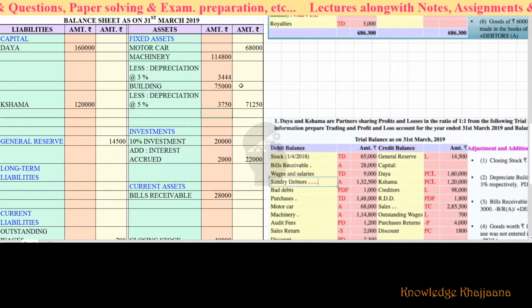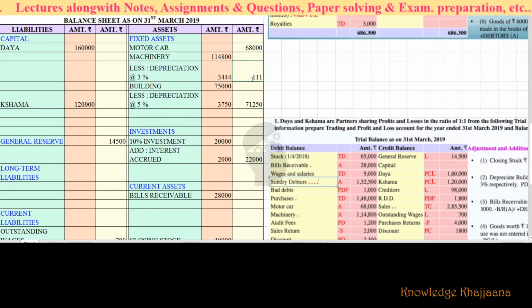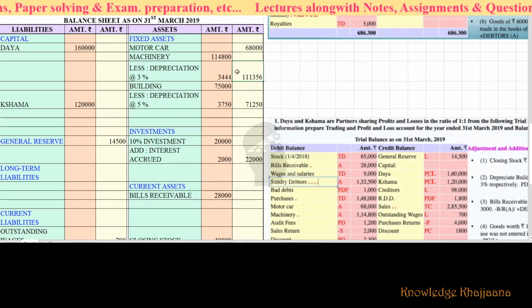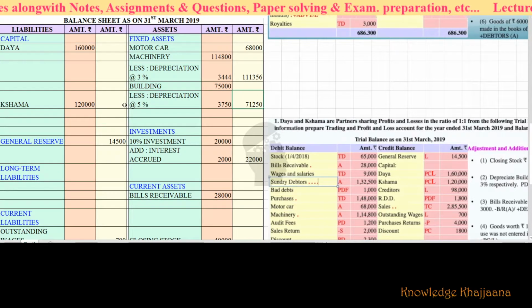We write it in the outer column. Okay, this is the written down value of machinery and this is the written down value of building.